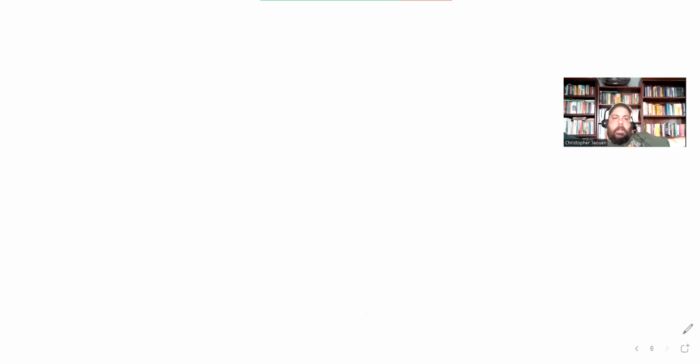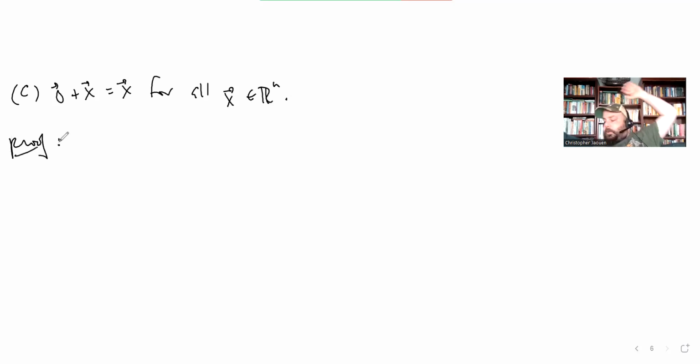Okay, letter C. The zero vector plus x equals x for all x in Rn. So in other words, the zero vector is the additive identity for vector addition.